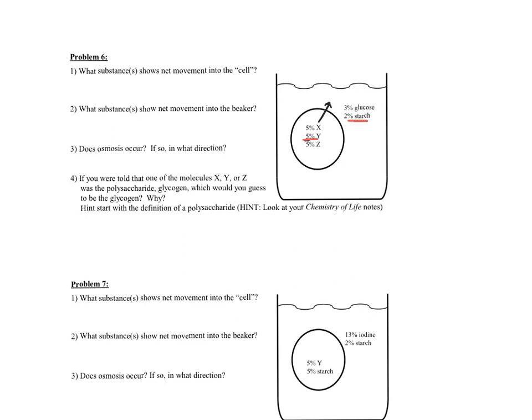Out. It's going to move out, inside, outside, right? Until it's about 2.5 inside and 2.5 outside. Do you agree? I'm talking percentages here. Z is going to do what? Same. It's going to move out until it's about 2.5 and 2.5. Y is not going to move. Starch is not going to move. How about glucose? Yes. It's going to move in to 1.5 and 1.5.